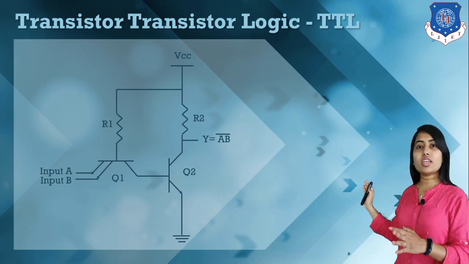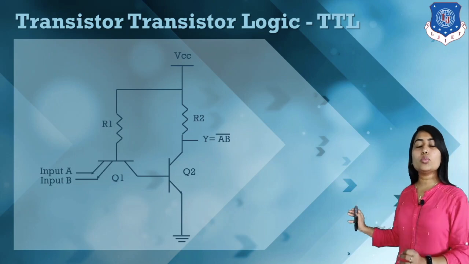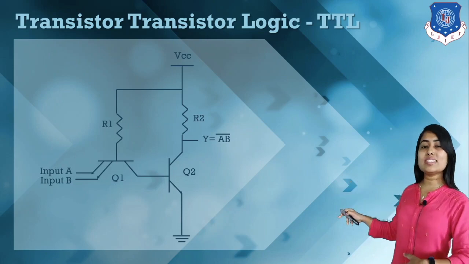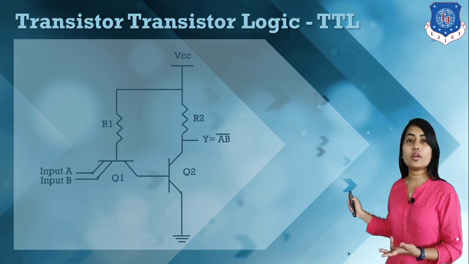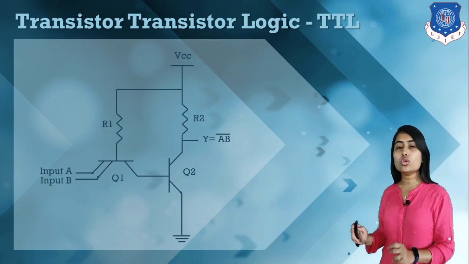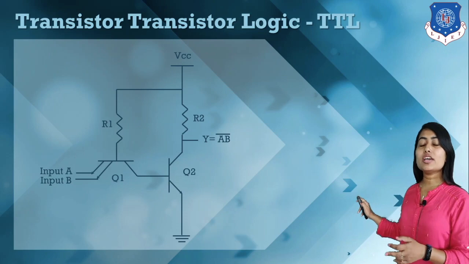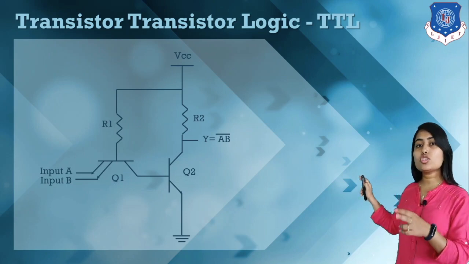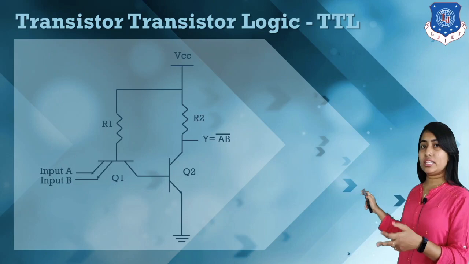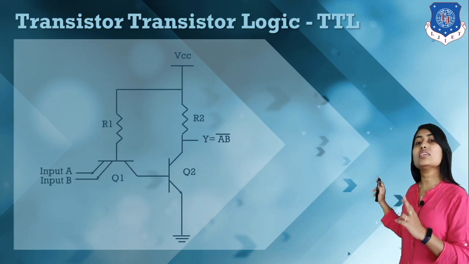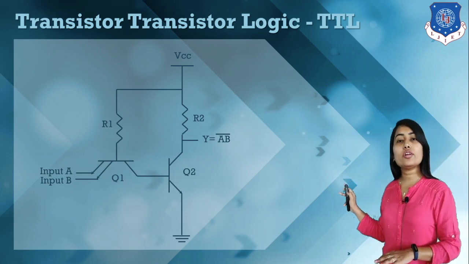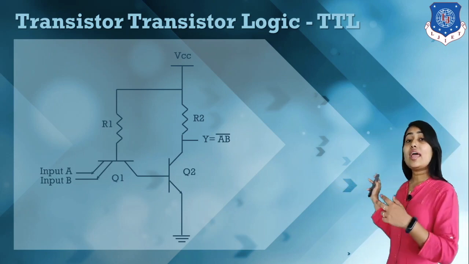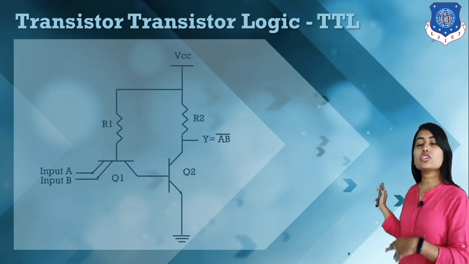Now, how does this circuit work? Whenever any of the inputs is 0, either A equals 0 or B equals 0, Q1 is in forward bias, in saturation mode. Q1 is connected to the base of Q2, so Q2 goes into reverse bias and is cut off.